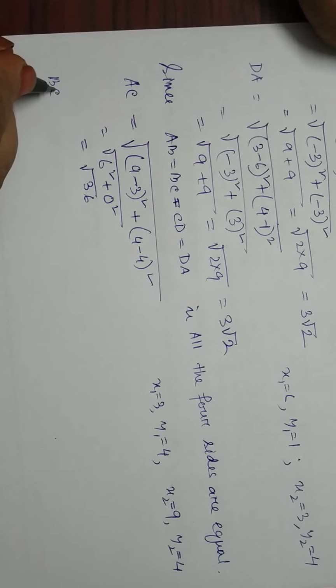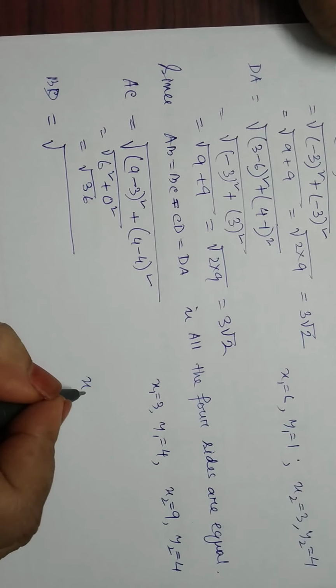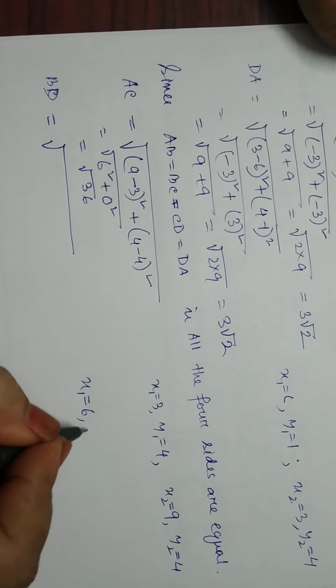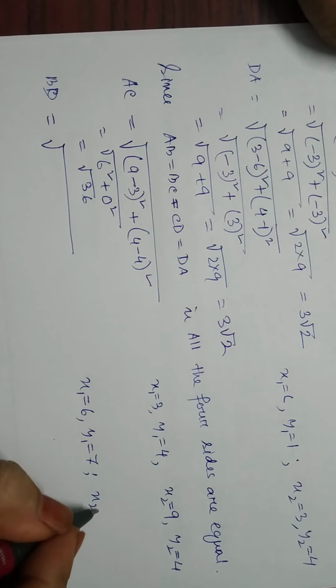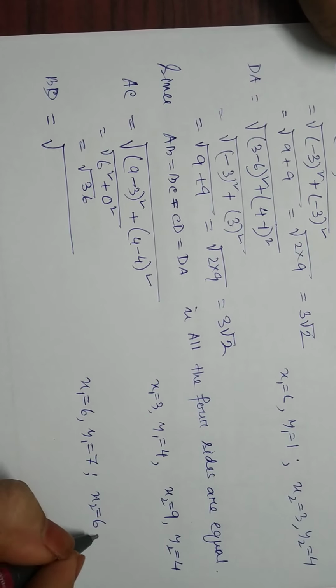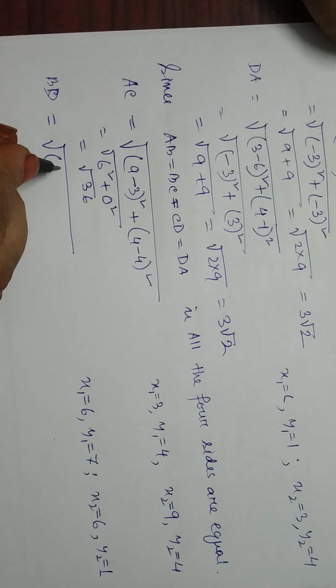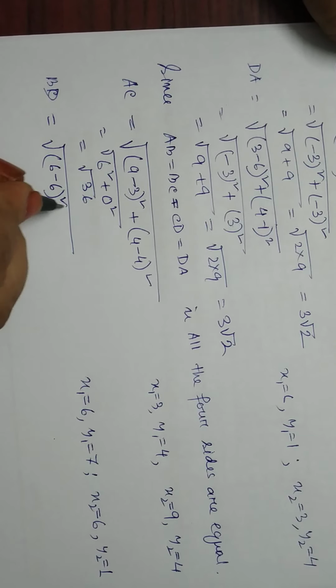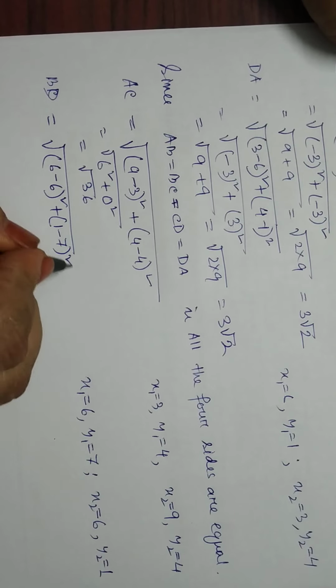BD is equal to, again B point: x1 equal to 6, y1 equal to 7, x2 equal to 6 and y2 equal to 1. 6 minus 6 whole square plus 1 minus 7 whole square.